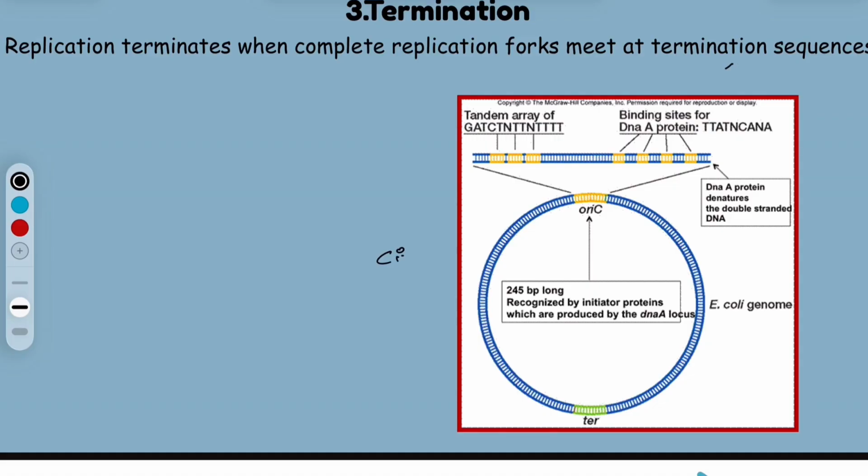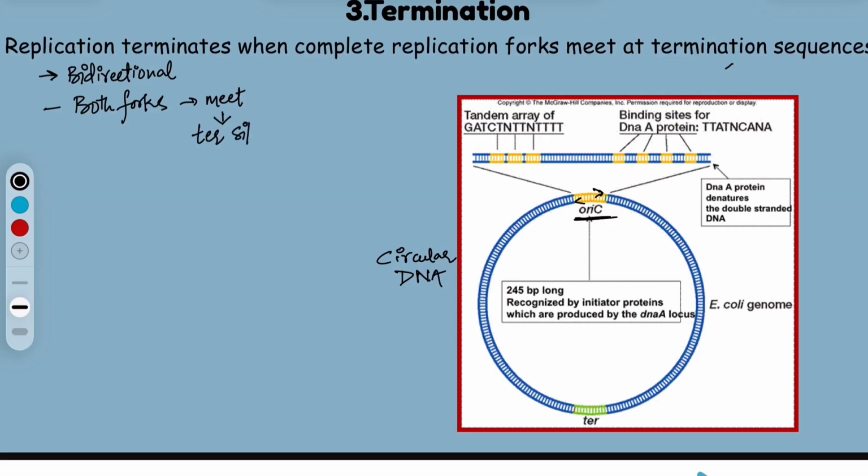The last process is termination, where both replication forks meet. Here we know circular DNA is there in prokaryotes. Ori is the origin site, and here a replication bubble is formed because of two replication forks. It is bidirectional, we know, and both forks will now meet at the same point. So they meet at the Ter site.